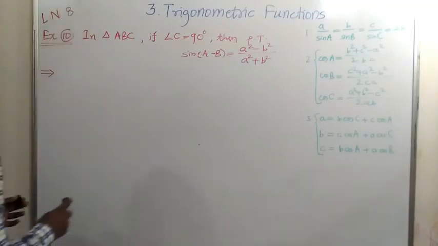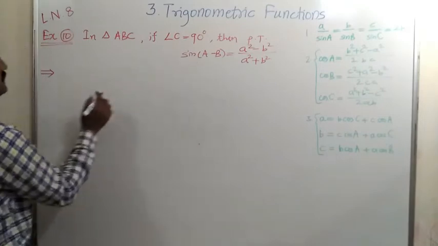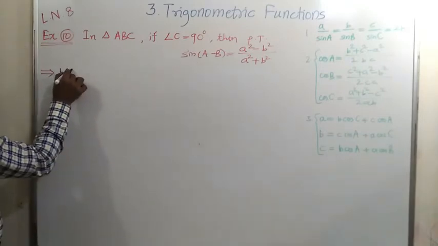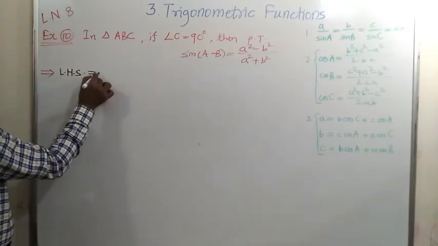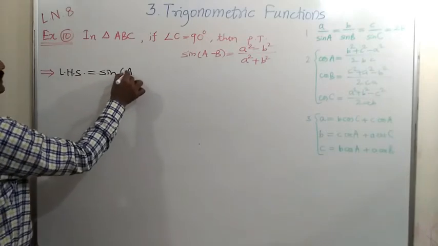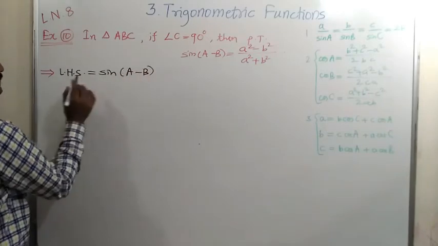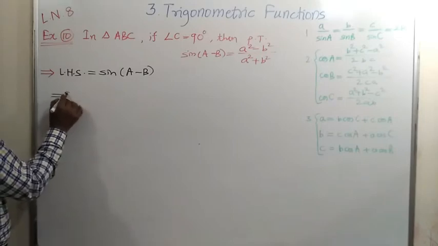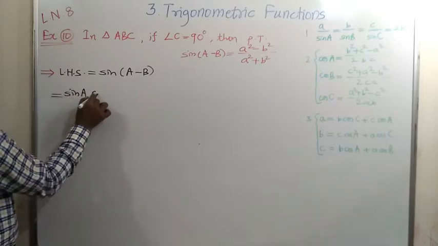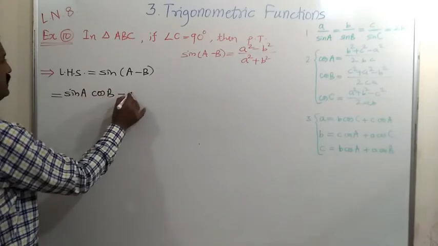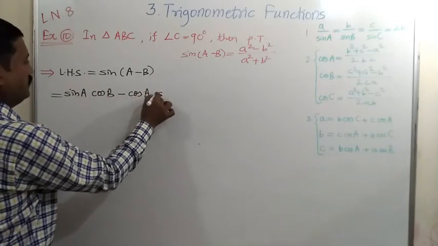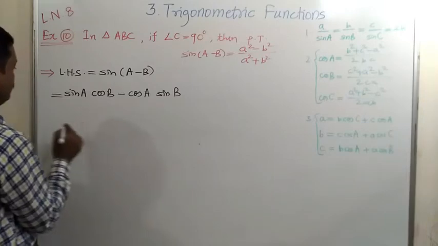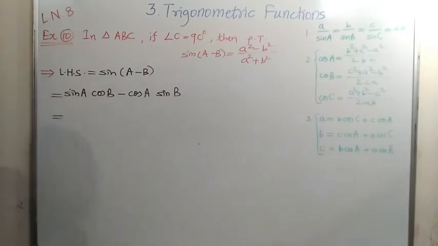Here in the LHS only sine A minus B is given, so we will start with that. LHS is equal to sine of A minus B. Now this is nothing but sin A cos B minus cos A sin B. Similar, so many examples are similar.